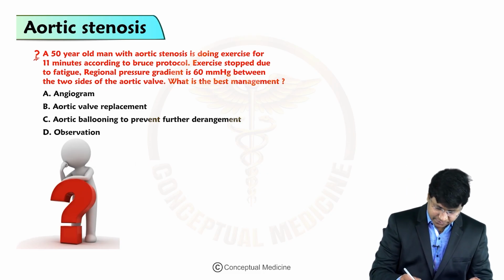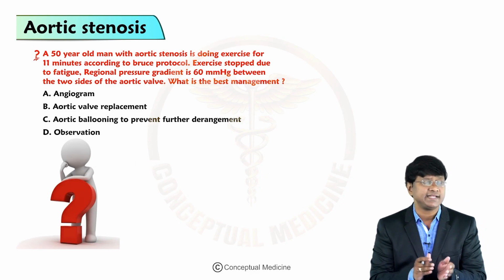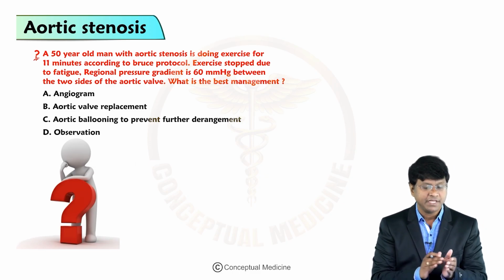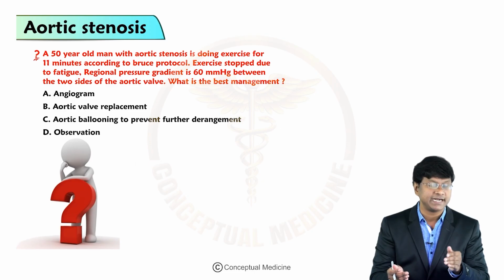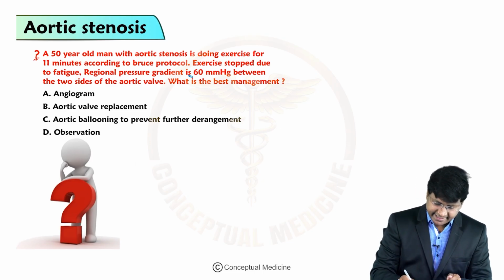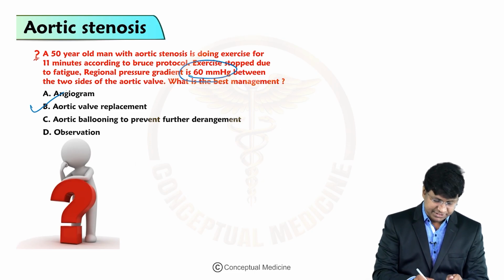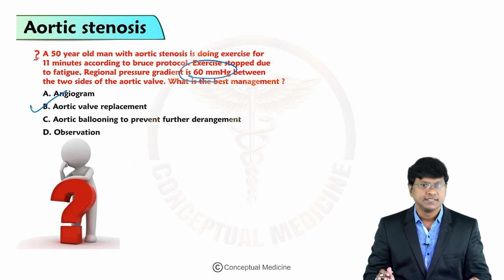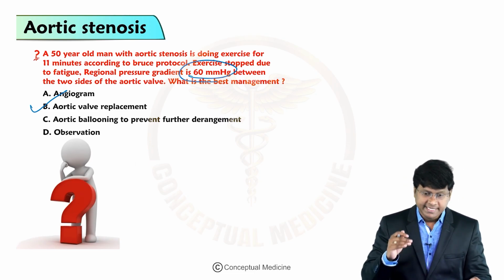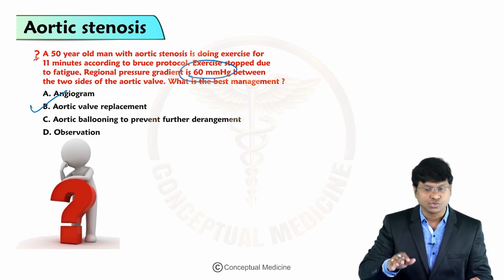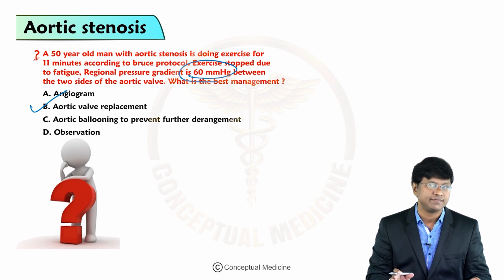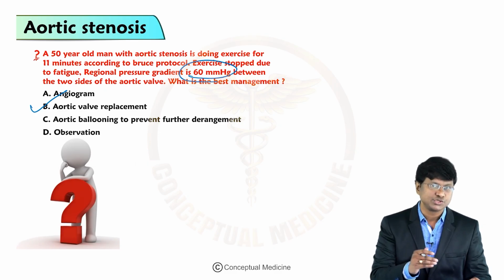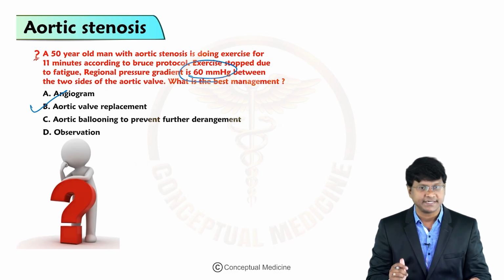So this patient is like asymptomatic severe aortic stenosis before doing the treadmill test, but upon exercise the gradient is increased to 60. So these patients require aortic valve replacement. So asymptomatic severe aortic stenosis also requires aortic valve replacement in certain clinical scenarios which I have already discussed in the treatment part.